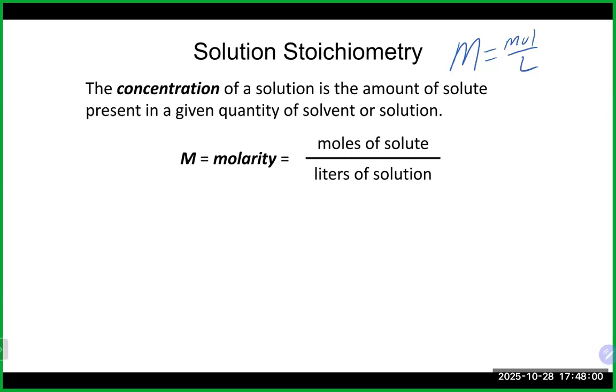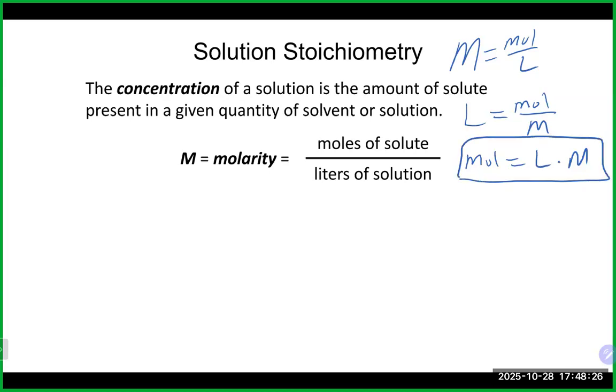You should think of molarity really like a formula, because a lot of times we are given two of the three pieces of information, so we just rearrange it to solve for other things. If you want liters, that is going to be the moles divided by the molarity. If you want moles, that's going to be liters times molarity. That conversion is used a lot in chemistry.